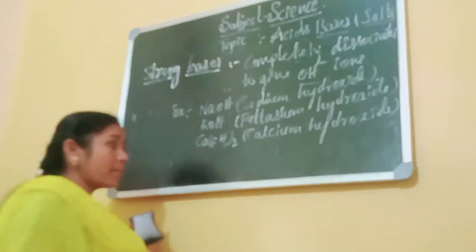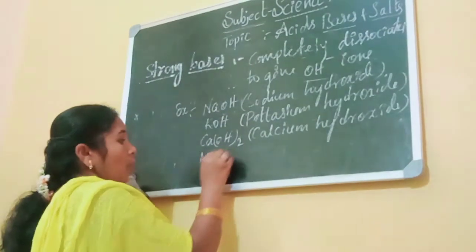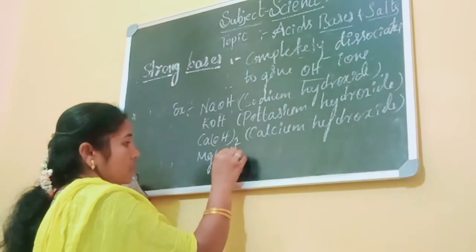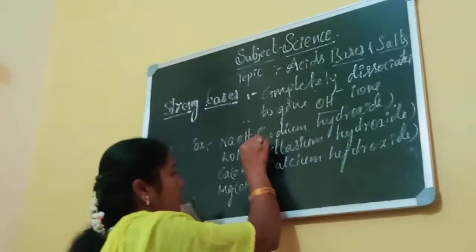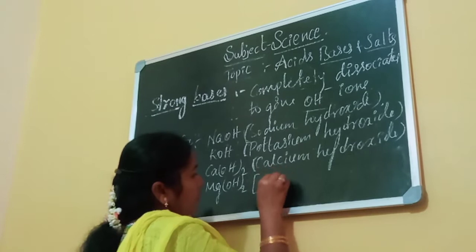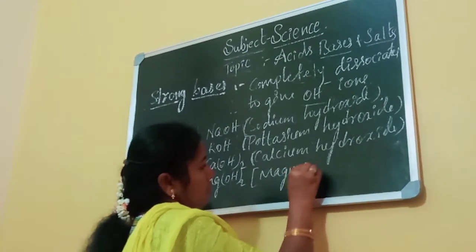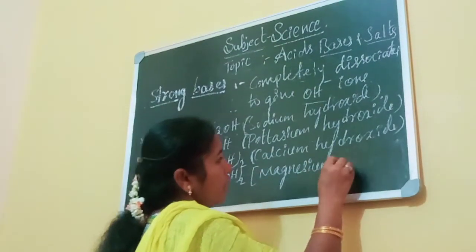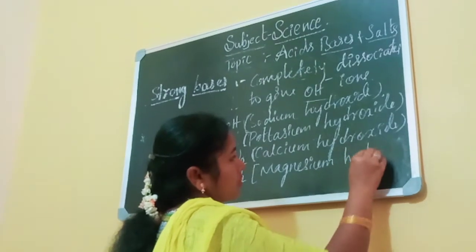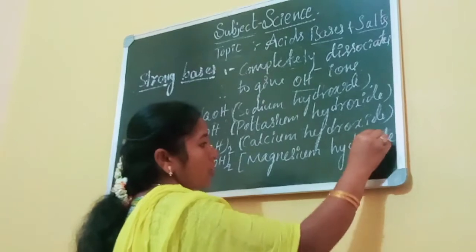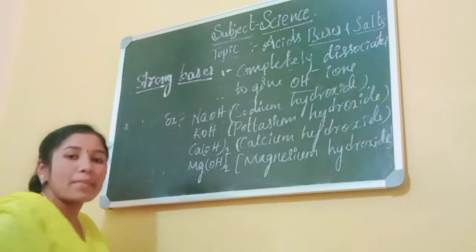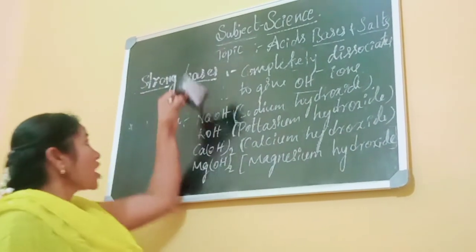Then magnesium hydroxide, Mg(OH)2, is the molecular formula for magnesium hydroxide. These are some examples of strong bases.